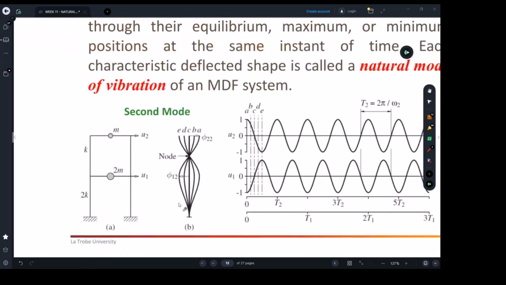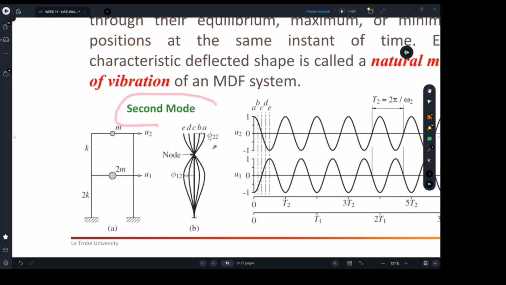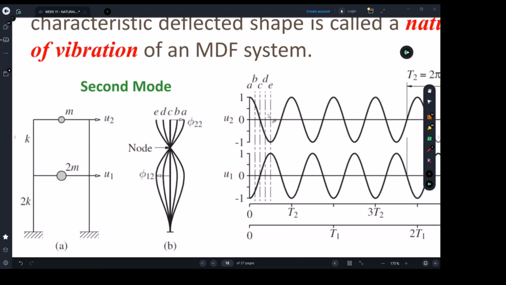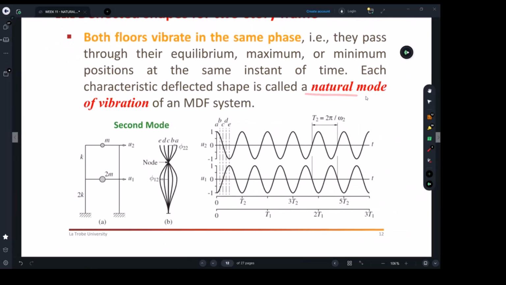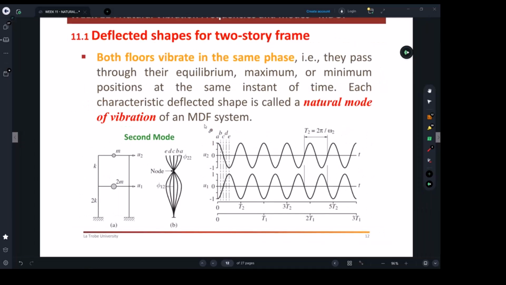Same thing applies for the second mode here. If it was pre-deformed with this arrangement, then you will have this kind of harmonic motion happening over time at different points. And that's where we can say it is a natural mode of vibration, right?